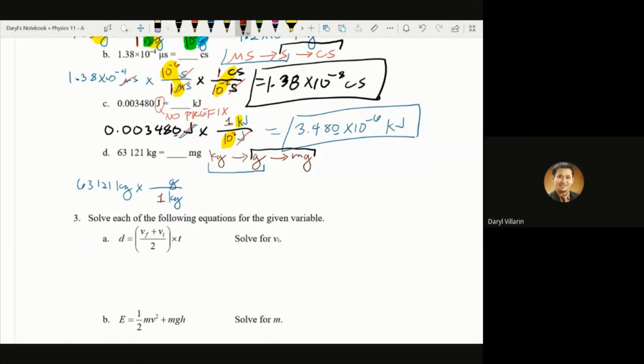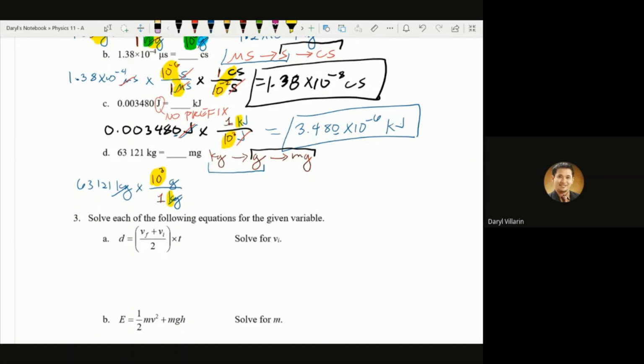Again, always the case for the part in your conversion factor that contains the prefix, the value there, just place 1. And then the value that is equivalent to that would be coming from your table. This is 10 to the power of 3. So 10 to the power of 3 is from your kilo. So this gives me, kilogram is canceled off.